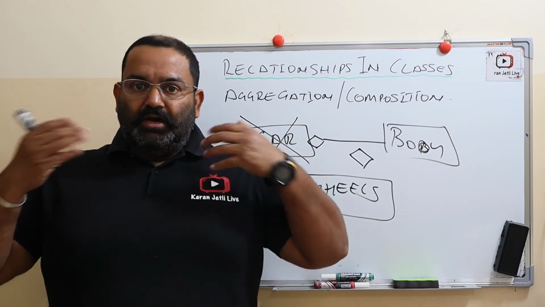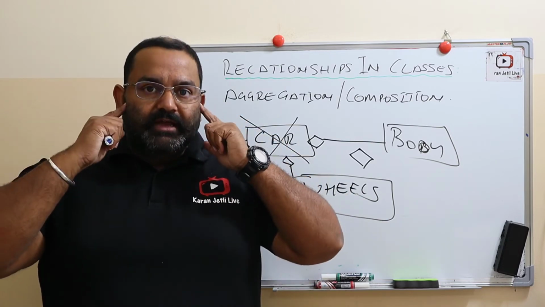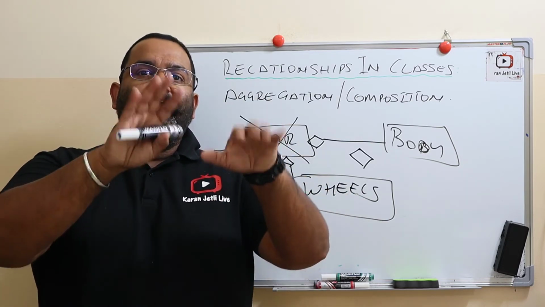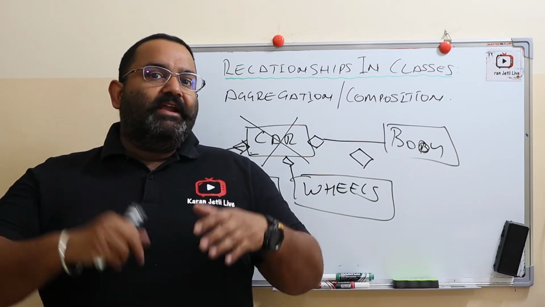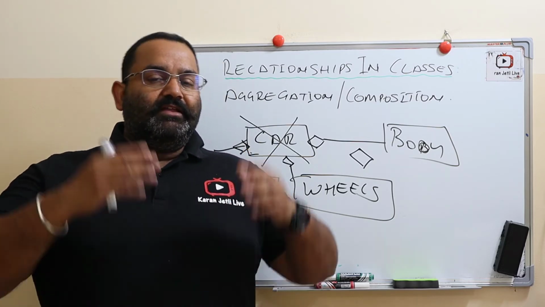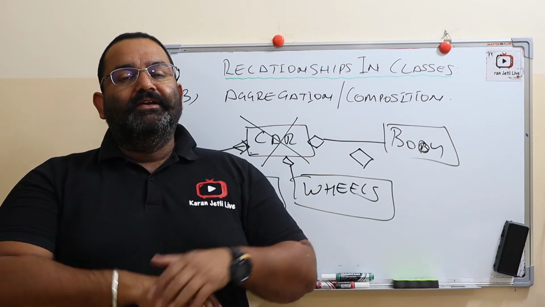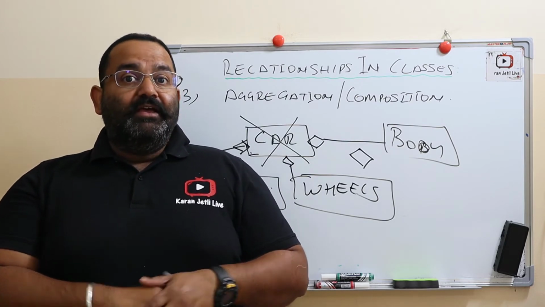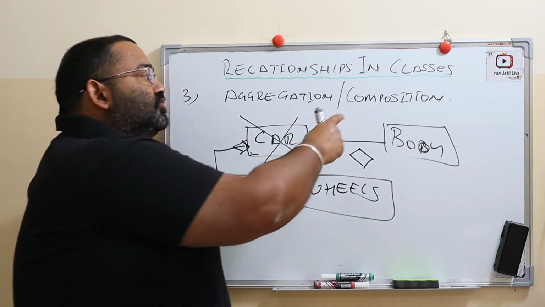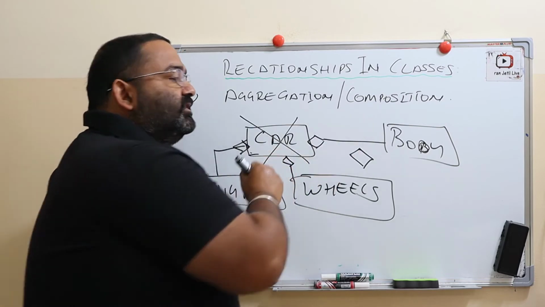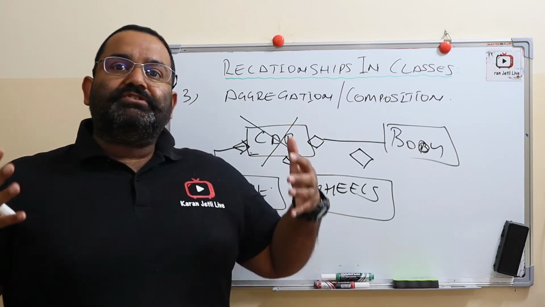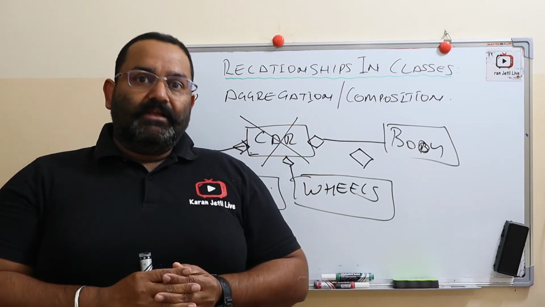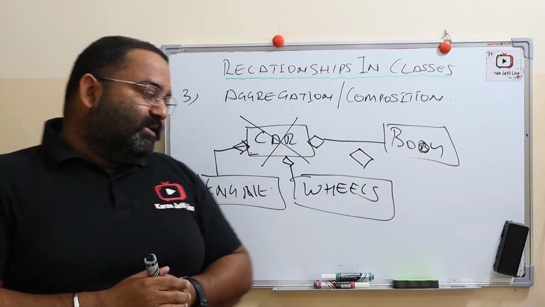For example, a human body has a head, a human body has hands, and if the human body dies, the head and hands die with it. So composition shows a more strict relationship, a more strict dependency.